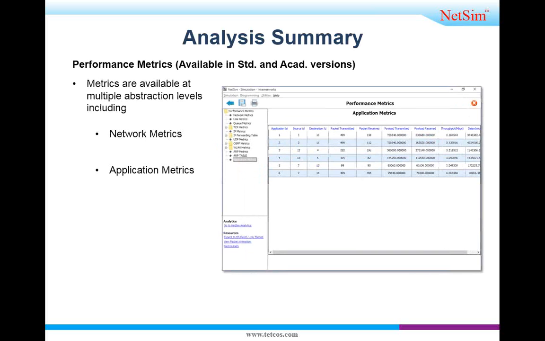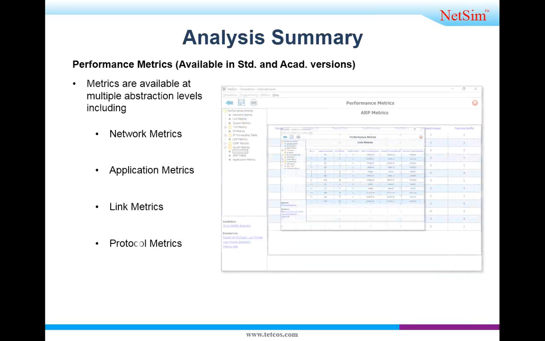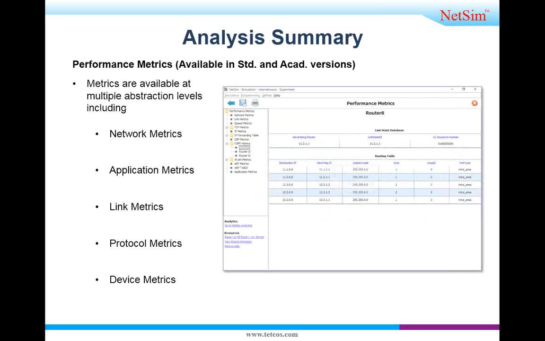Now in performance metrics, as you can see, these five kinds of metrics have been created: network metrics, application metrics, link metrics, protocol metrics, and device metrics. Network metrics allows the user to view the values of the metrics obtained based on the overall network.